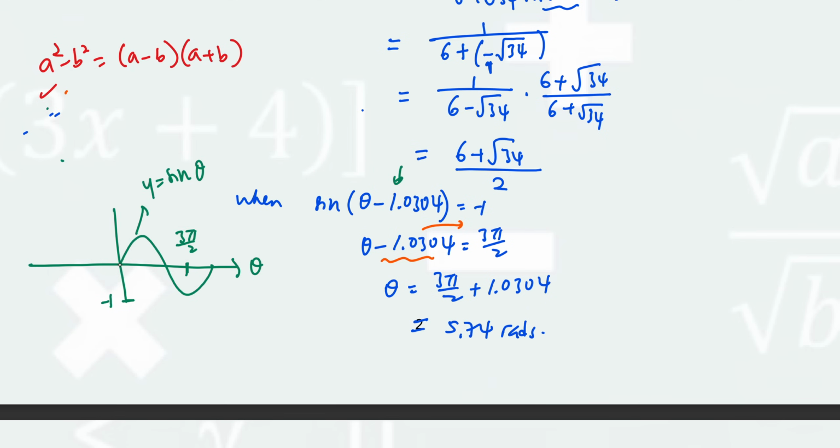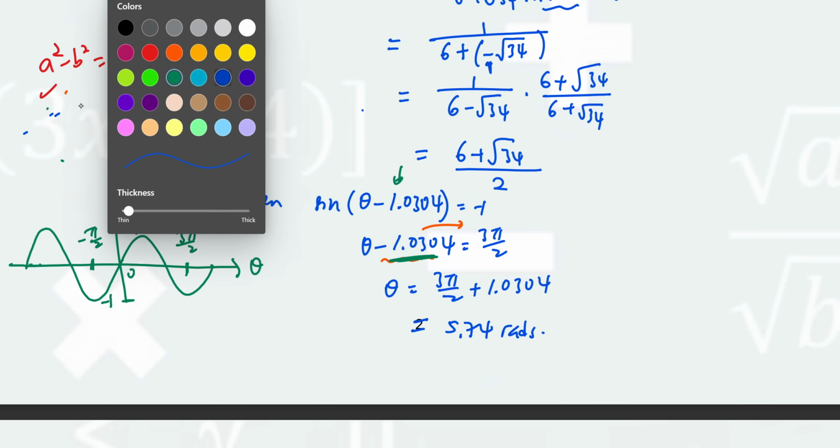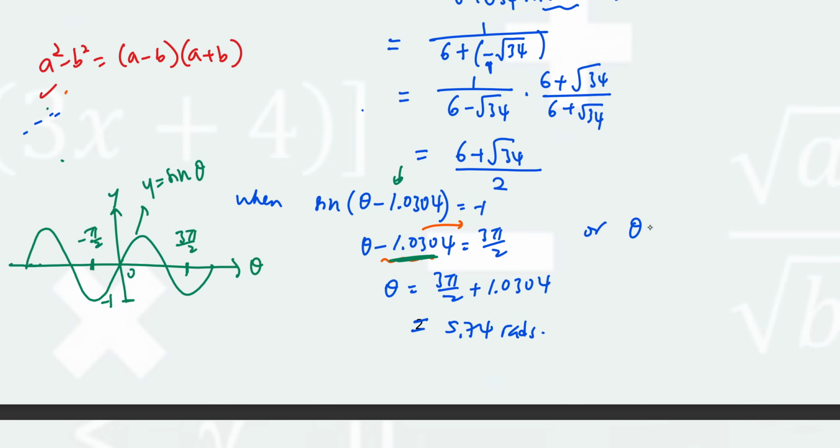Then you have to check. I can also extend this graph to the negative part because later on we need to add this value, so it might be smaller. It might be the smallest positive theta. So here, obviously, this is negative pi over 2. I have to calculate another one. Theta minus 1.0304 equals negative pi over 2.